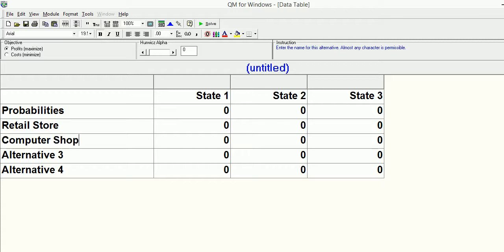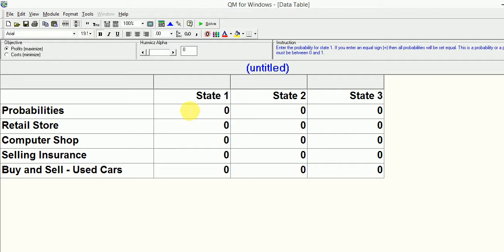Third alternative will be selling insurance. And then fourth will be buying and selling of cars, or used cars. So these are your alternatives.